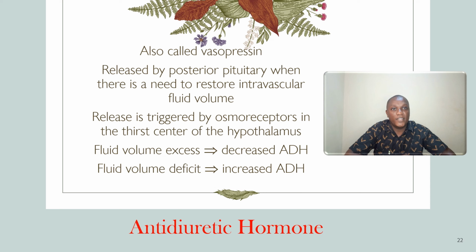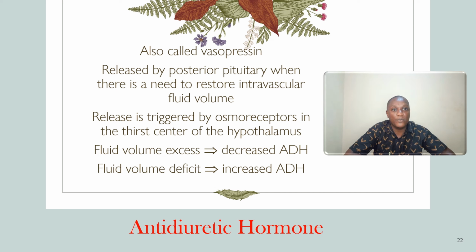The other regulatory mechanism is the antidiuretic hormone, also called vasopressin. This hormone is released from the posterior pituitary gland in a bid to restore intravascular fluid volume. This release is triggered by osmoreceptors in the thirst center of the hypothalamus.